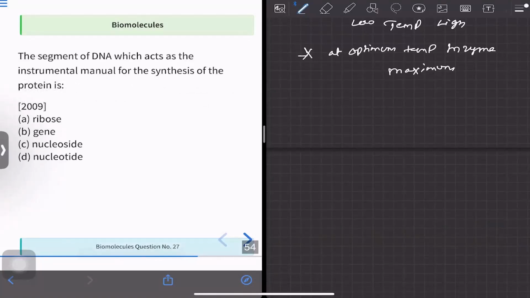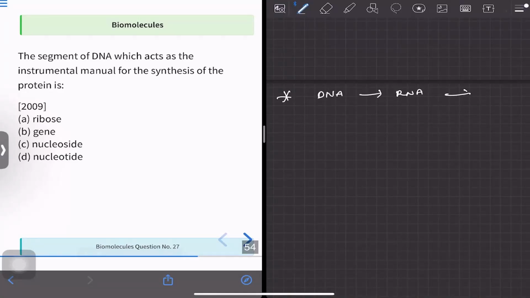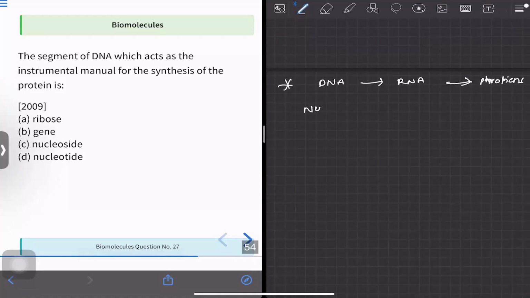Next question. The segment of DNA which acts as the instruction manual for the synthesis of protein. See, we all know from DNA we produce RNA. From RNA, proteins are synthesized. In DNA, we have nucleotides, which are made up of a nitrogen base and sugar.